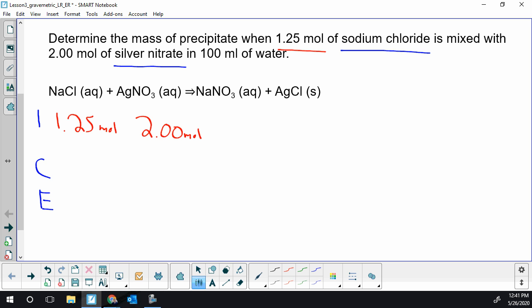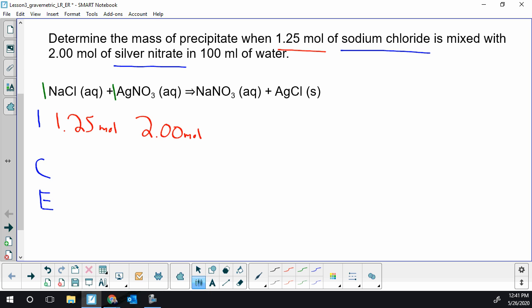And now we have to figure out which one runs out. It isn't necessarily always the lower number that runs out first. We have to look at how fast they run out and in what ratio. For every 1 sodium chloride that reacts, 1 silver nitrate reacts.